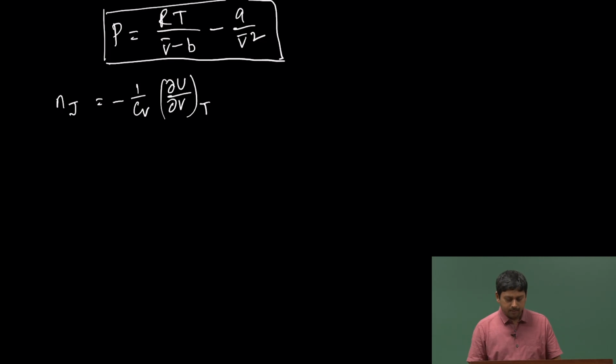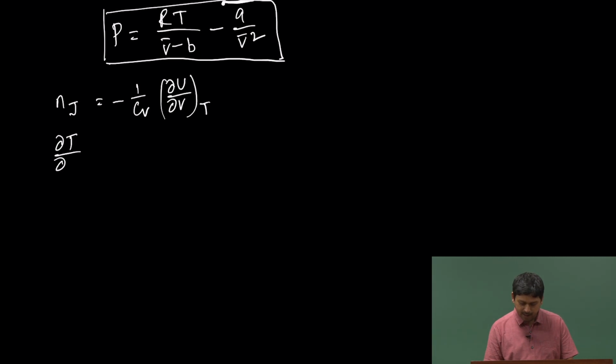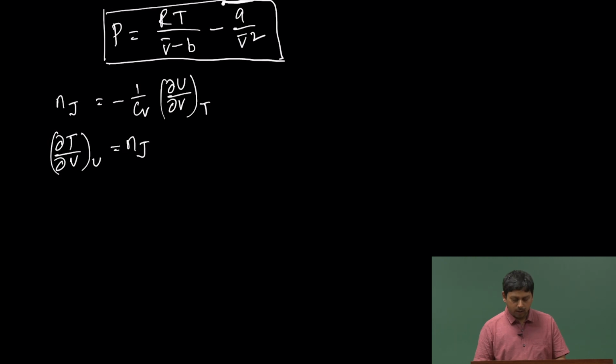How are we going to do that? Because this equation does not give us any information about u. Any idea? Because if I have to use this, remember the left hand side is ∂T/∂V at constant u, that is equal to our η_J.